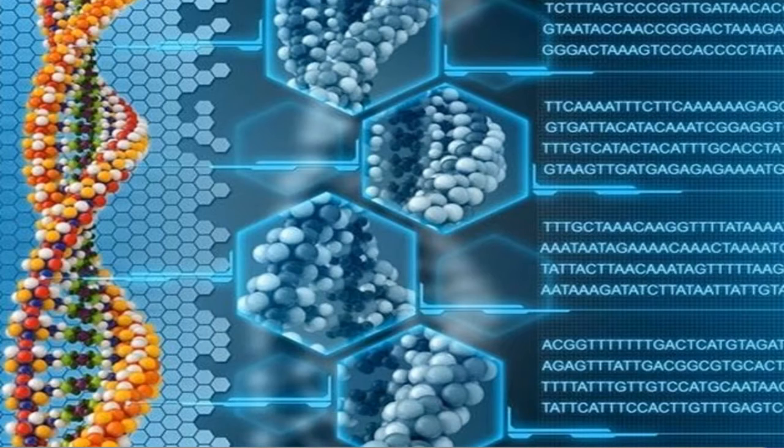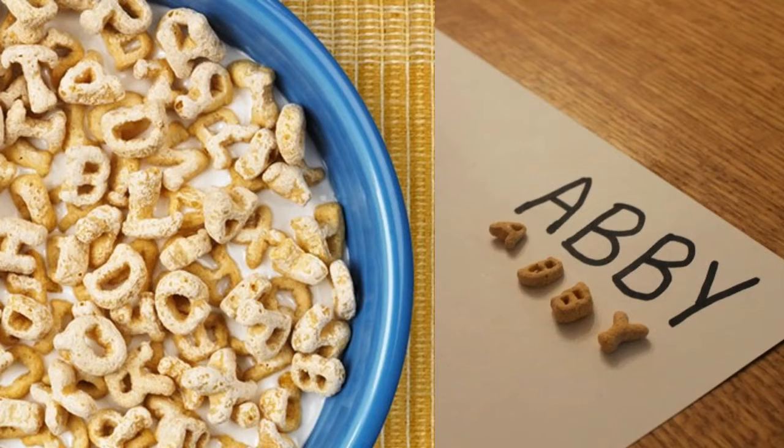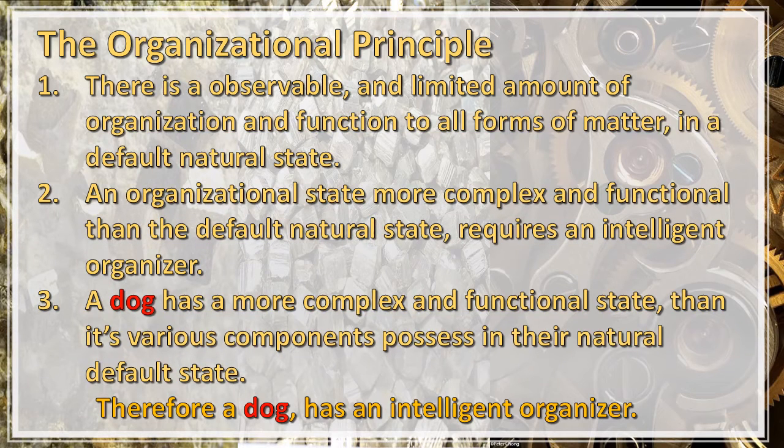The DNA message is composed of 4 basic nucleotides, A, G, T, and C, arranged in very specific ways to enable life. And the organization of the dog's DNA allows the dog to live and be organized, and over time, the deterioration of that organization leads to its death. Then all of the elements that make up a dog return to their default natural state.